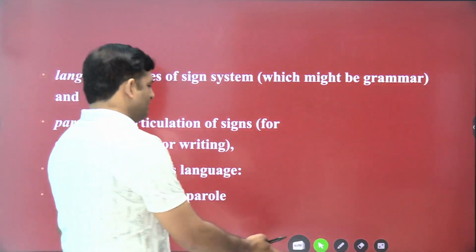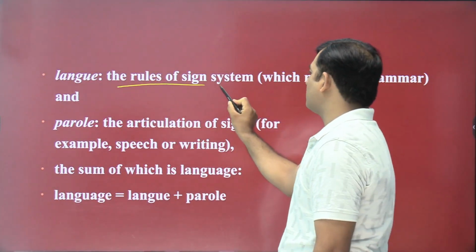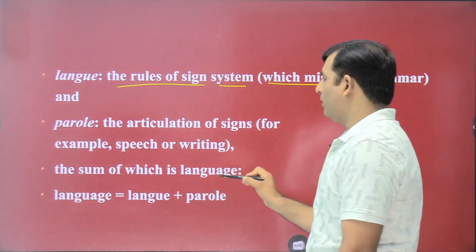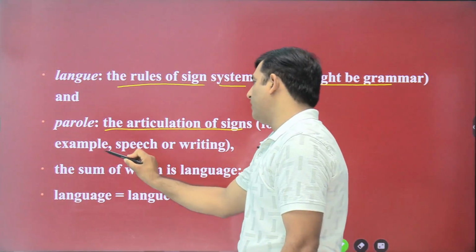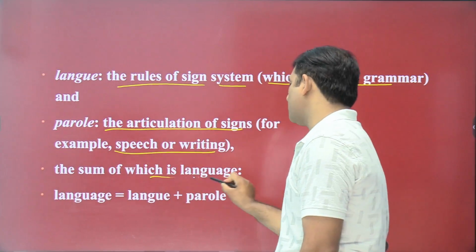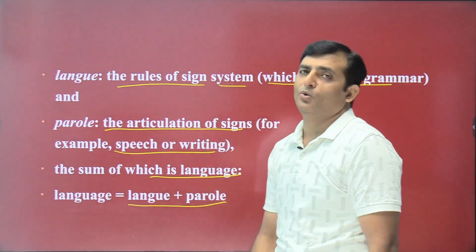For your examination: lang, the rules of the sign system, which might be grammar, and parole, the articulation of signs, for example speech or writing, the sum of which is language. Language means lang plus parole.